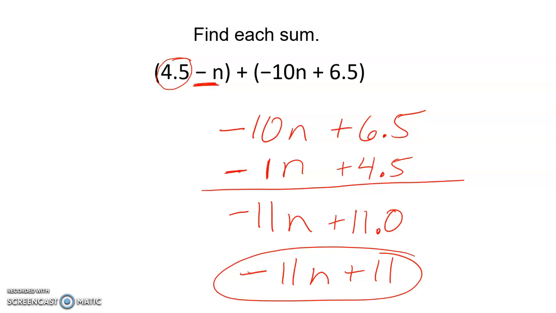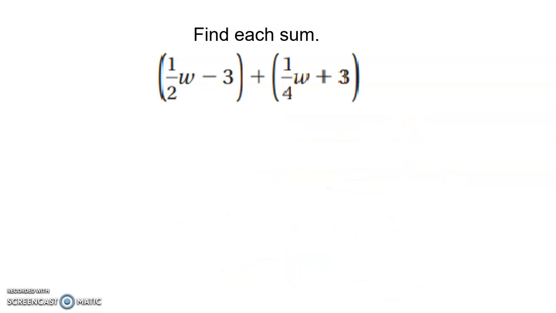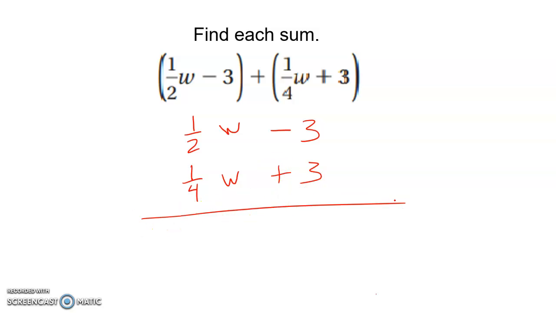One page left. And of course it has fractions. Okay, so we have 1/2 w minus 3. Then we have a 1/4 w and a plus 3. So we do need a common denominator.